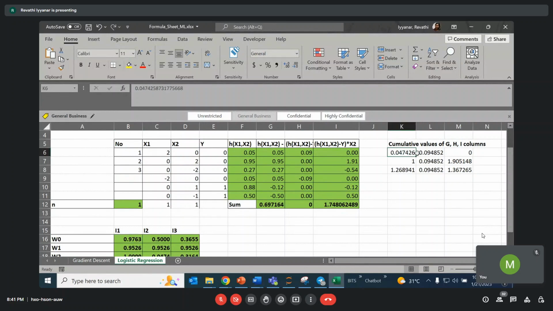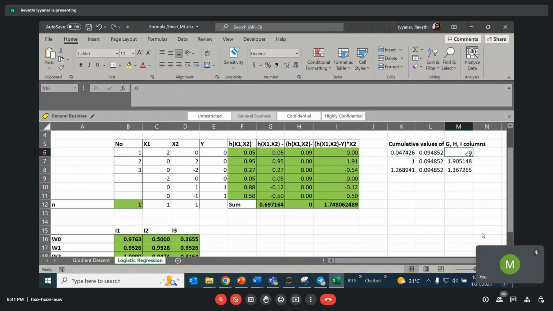What is this for K? The first line is fine. If you look at the second row, then you would know that it's cumulating the values. So from the previous line, G6 and G7. The first line is not formed.